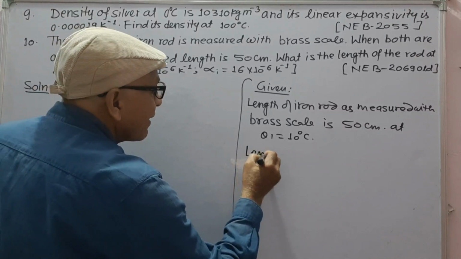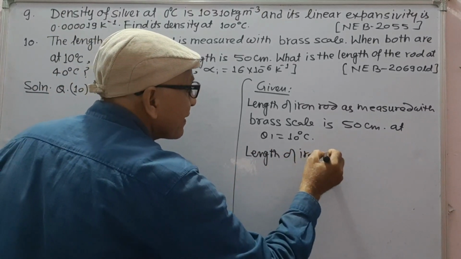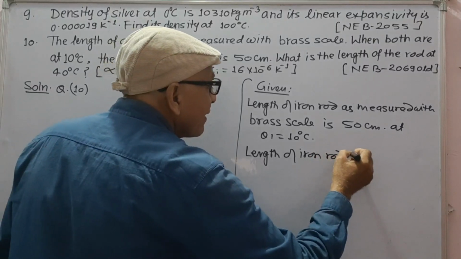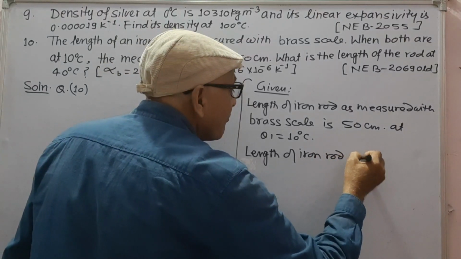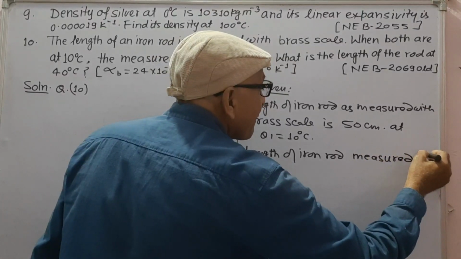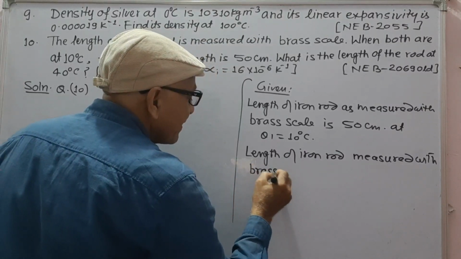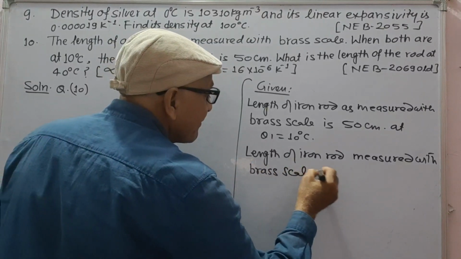Then the length of iron rod measured with brass scale will be how much?